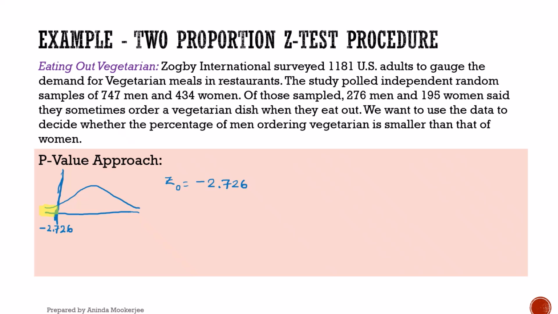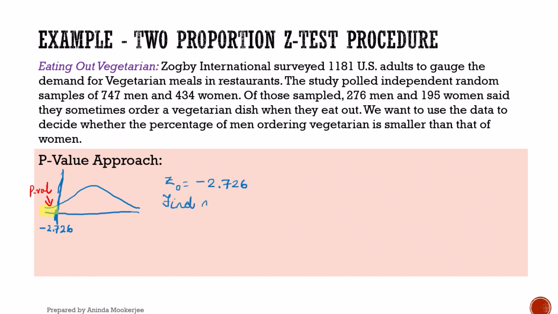The p-value is this area. So we have to find that area. That's going to be the p-value corresponding to the test statistic value of negative 2.726. It's the area to the left. So I'm going to use my calculator. The p-value is going to be, so let me write down the step.